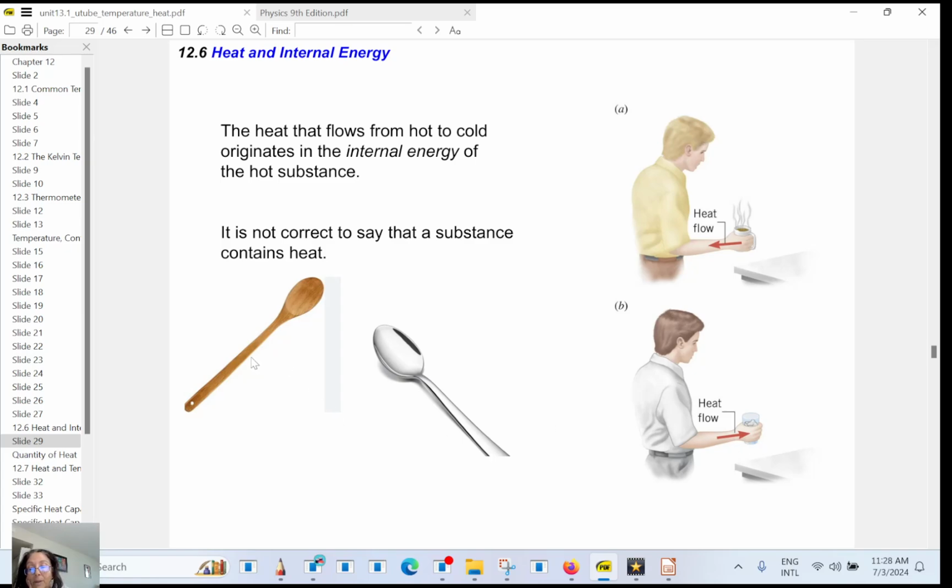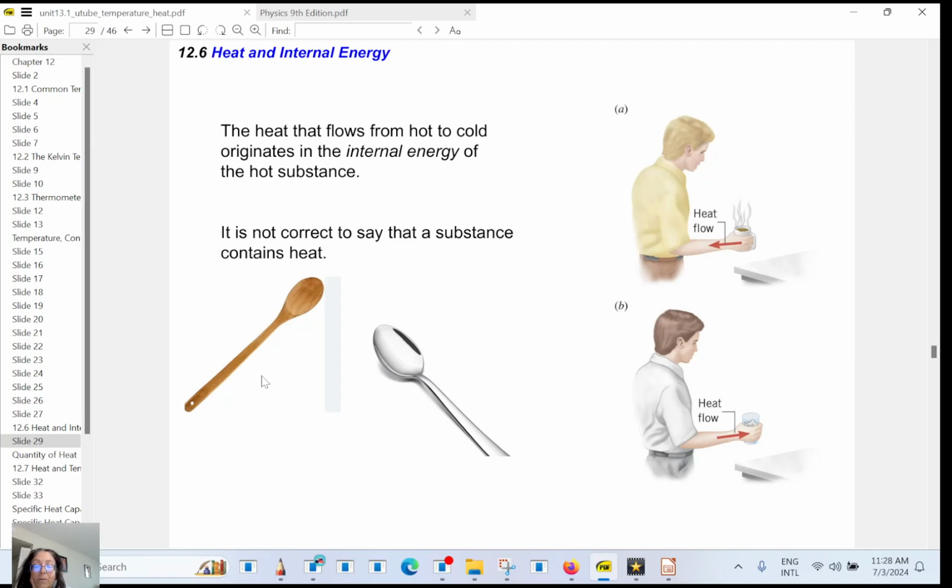So for example, just a parenthesis, if you have two objects, one made of wood and one a metallic object, and they are in the same room, at some point they will have the same temperature as the room. That will be the zeroth law of thermodynamics. After a while, they will reach the same temperature. Now, if you touch it, you are at 37 degrees Celsius, right?